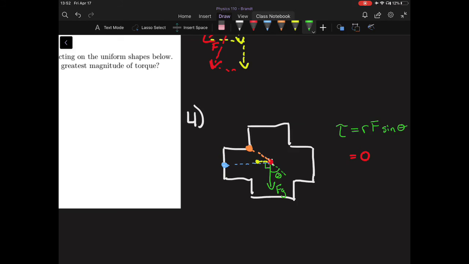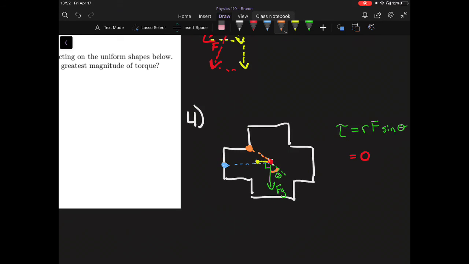So that means if we were to rank them in order, yellow would probably be the lowest because R is lower than the others. Then we have orange, which would be R sine theta, because we have this angle here for our orange that we have to take into account.